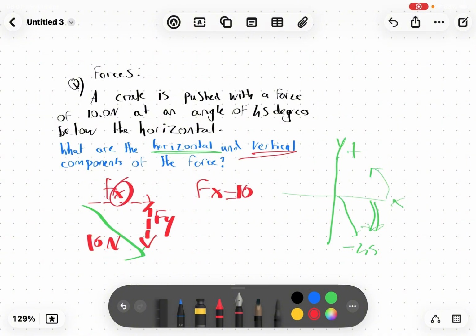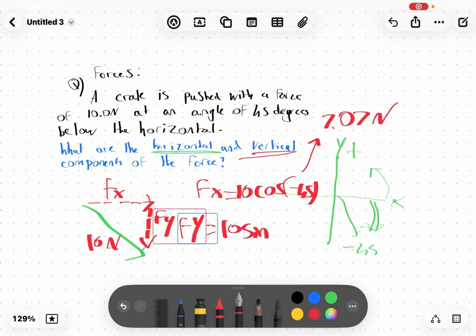And for the x, we use cos of minus 45, which equals 7.07 newtons. So for the x, it's always a cos. For the y, it's sine of negative 45. And here you can see that it's a negative 7.07.